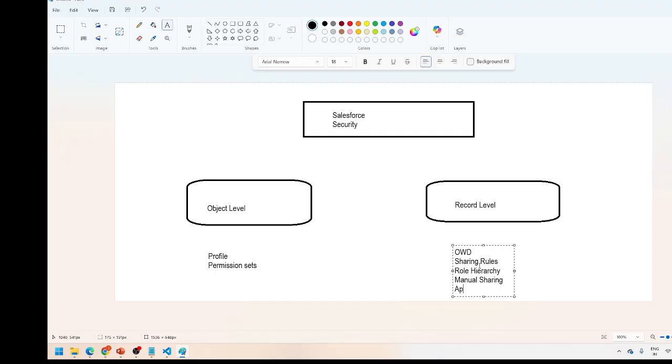Apart from this, we have Apex sharing and territory management, but you can ignore those for now. These four things are important for now. Hope you understand this part.